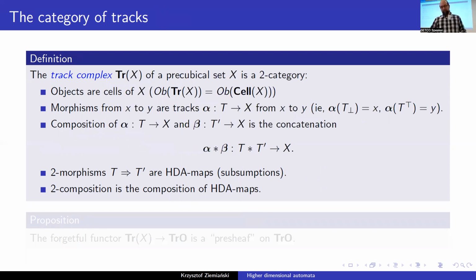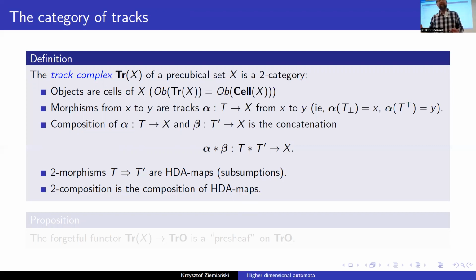So in a similar way, you can define a track complex of a precubical set. This time, objects are cells of your precubical set. Morphisms are possible tracks starting from one cell to another cell.